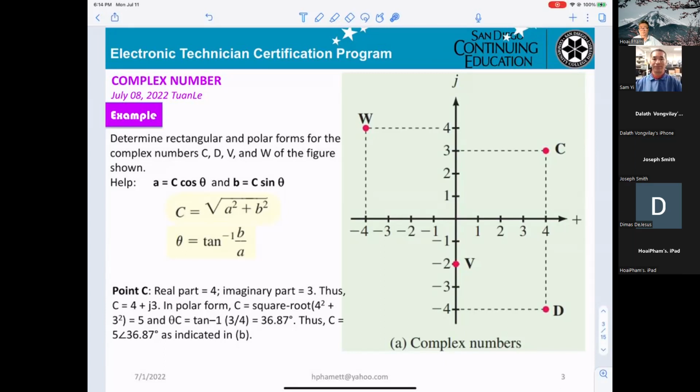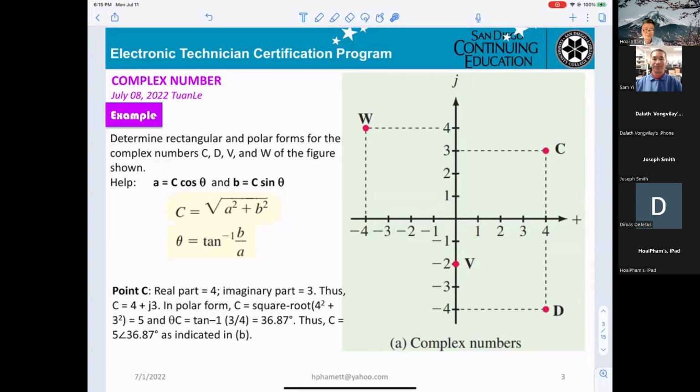Or, if it's going down, does it have to be minus J4? Okay, once again, you mean a minus J4. You're talking about which point? C, okay. Right, C equals minus J. What do you mean C equals minus J?